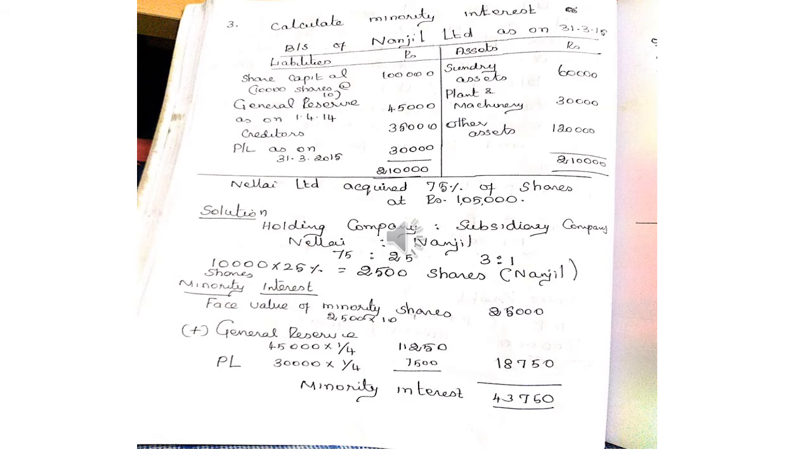Profit and loss account is 30,000. So here also we use the 3:1 ratio, so that we get 7,500. The total value is 18,750. It is a profit, so we have to add it. So now we get the minority interest amount, which is 43,750.